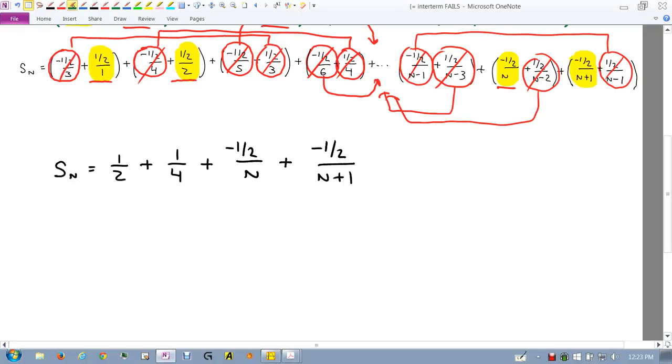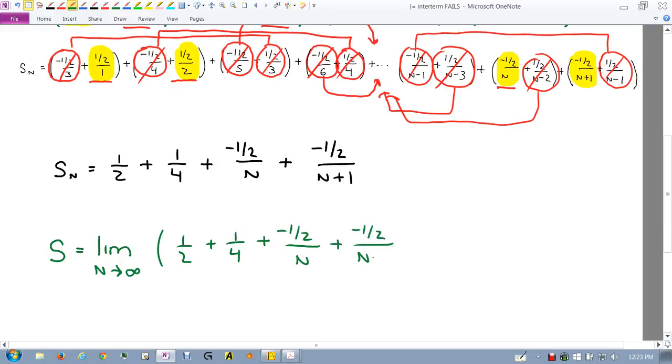And so finally, the sum we're looking for is the limit as n goes to infinity of that expression. And it turns out to just kill off these guys at the end, right?